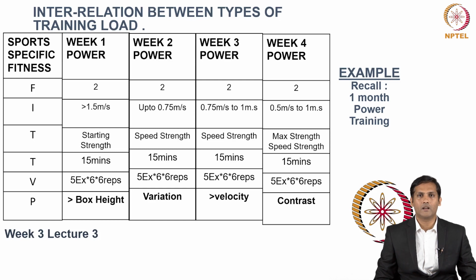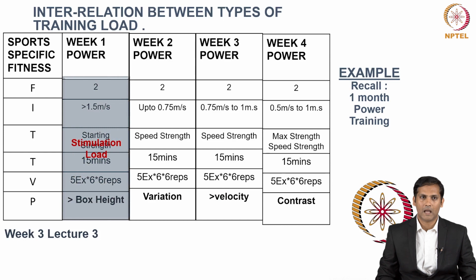Now let's understand the interrelationship between types of training load with another set of fitness variables. In this case, a 1 month power workout routine is given, where the stimulation is given each week. Now what would happen if I give stimulation each week with a very high volume of workout?